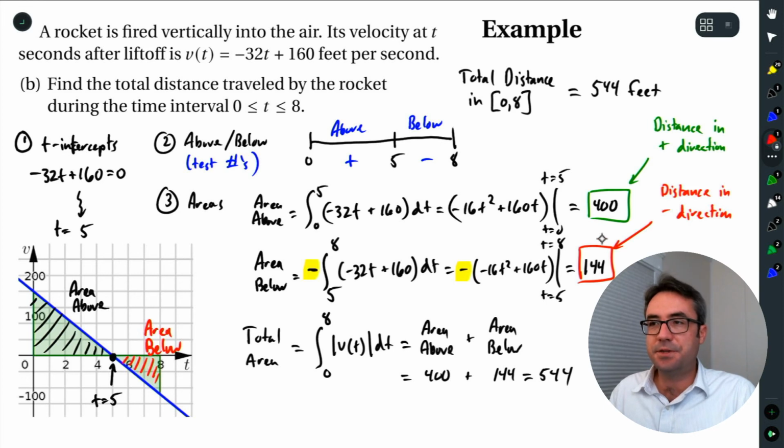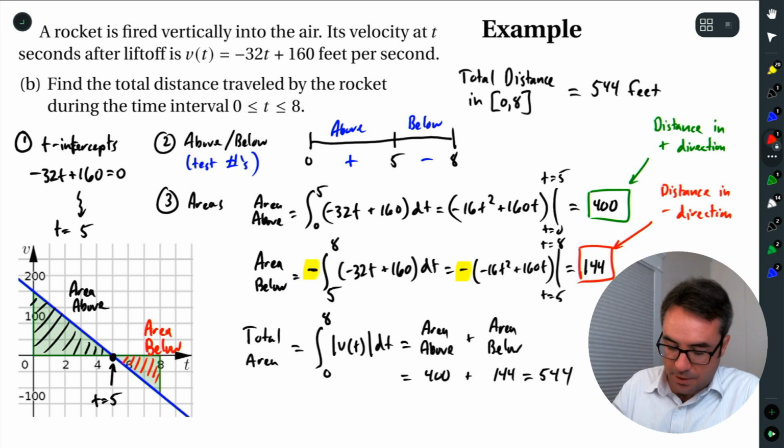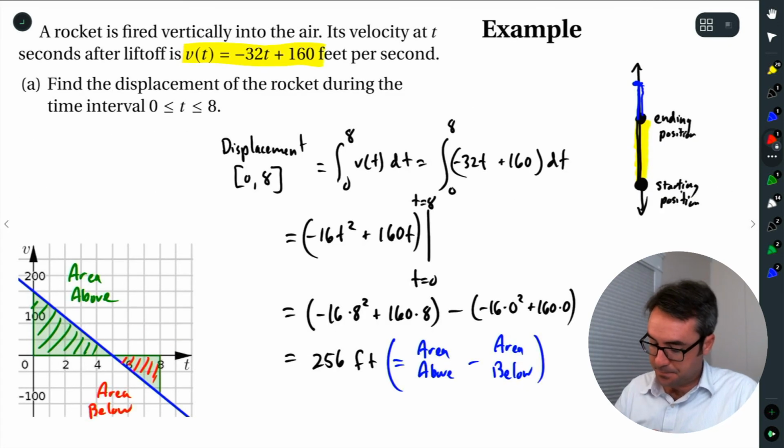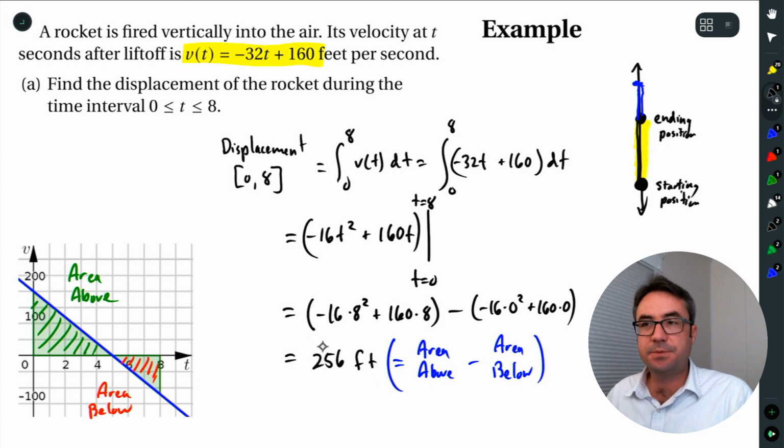So notice if we had calculated these values before, we could get the displacement from these. So let's go back to our displacement calculation. For displacement, we got 256 feet. We said that was just the distance between our starting and our ending position.